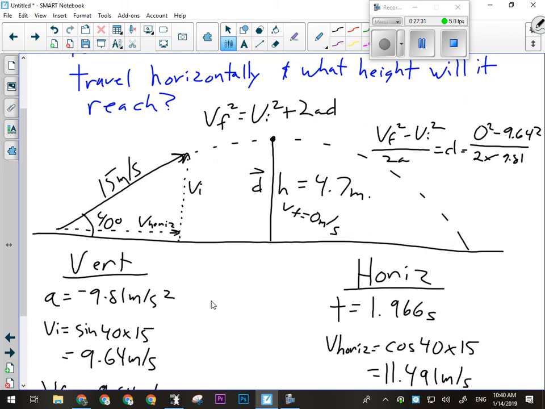Now, we did go over one other kind of projectile motion problem, and that's the ones that are projected straight out, horizontally. Okay, so that would be like something drives off a cliff.